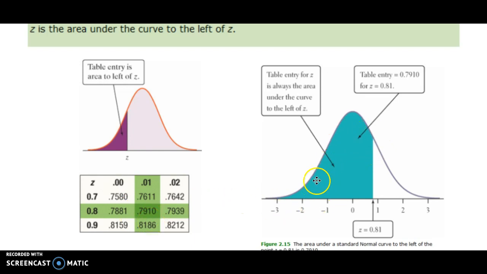So that means 79.1% of the area of the curve would fall below a z-score of 0.81, or 79.1% of the curve would be left of 0.81 standard deviations above the mean.